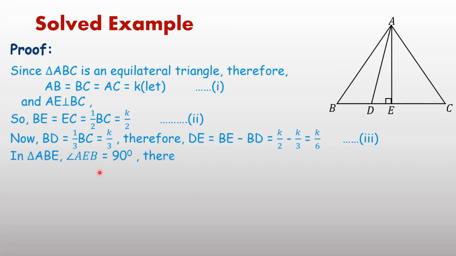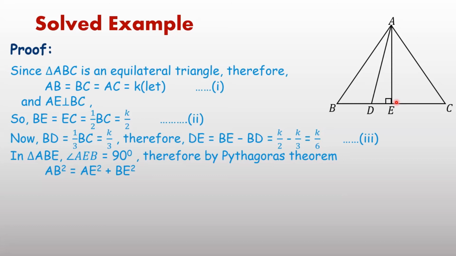Therefore, in triangle ABE, angle E equals 90 degrees. Therefore, apply the Pythagoras theorem: the square of the hypotenuse equals the sum of the squares of the other two sides. So AB square equals AE square plus BE square.